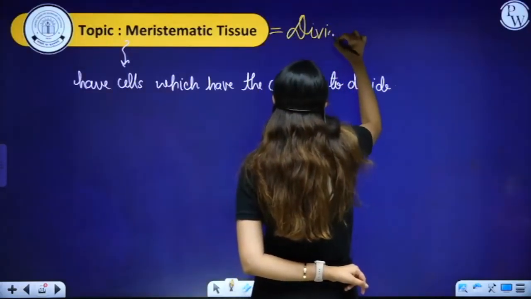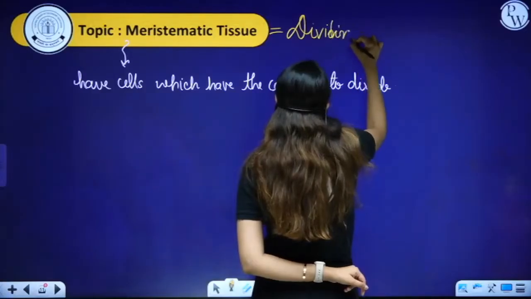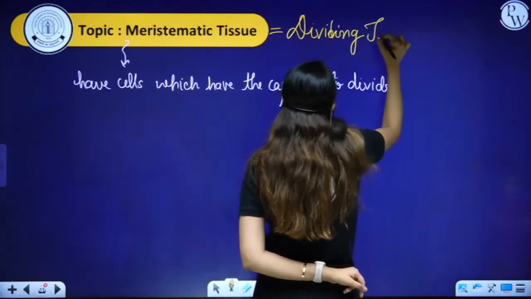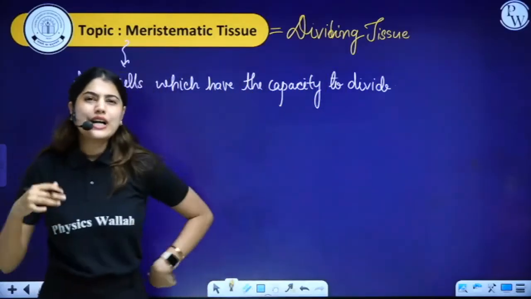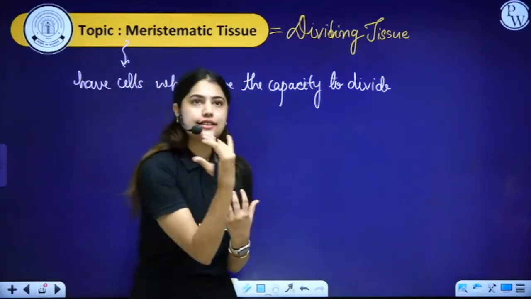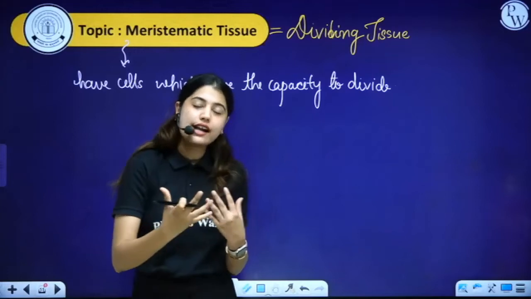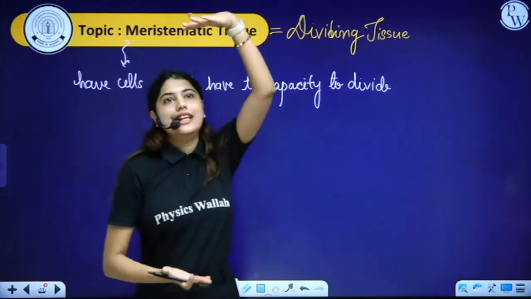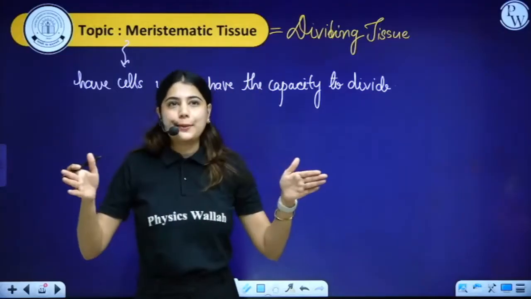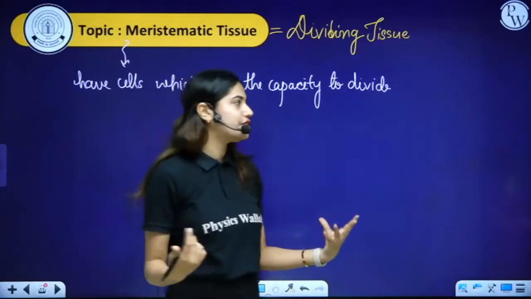Since the cells of this tissue are dividing, this tissue can also be called the dividing tissue. And once it is dividing, it is adding cells, and once the cells are adding, it will help in the growth of the cell, either lengthwise or diameter wise, or shall I say the girth, right?